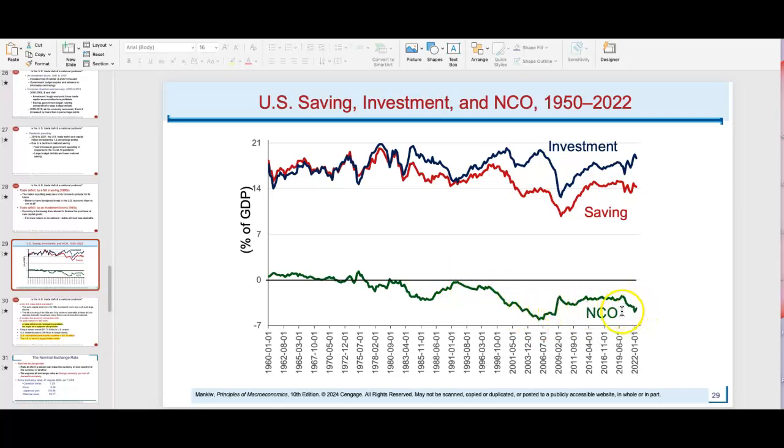It went up, then from 2019 to 2022 there's this dip caused by COVID, but it's below zero. We have capital inflow, right? The investments are bigger than the savings, so we are experiencing a bigger trade deficit.